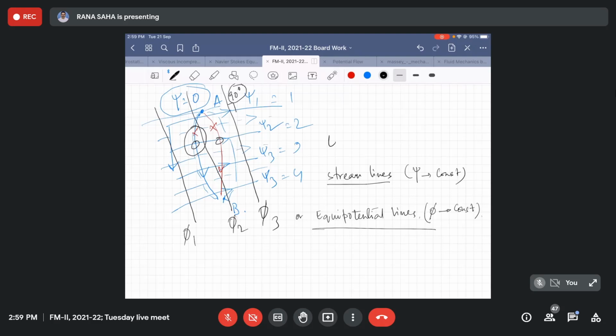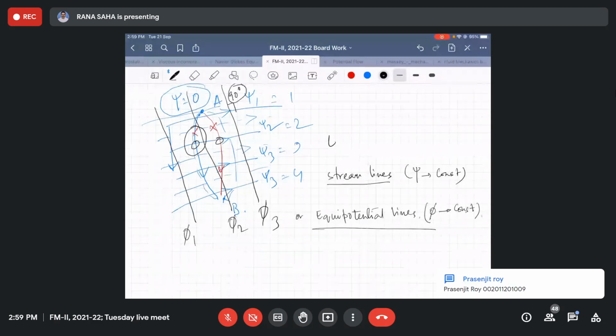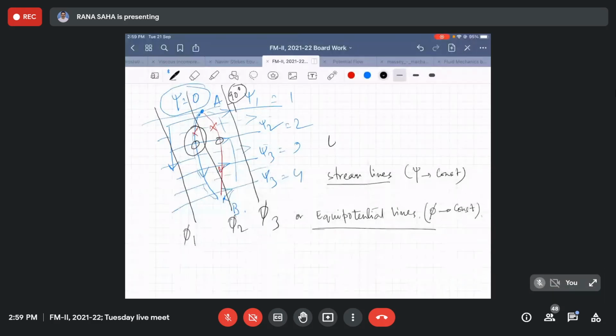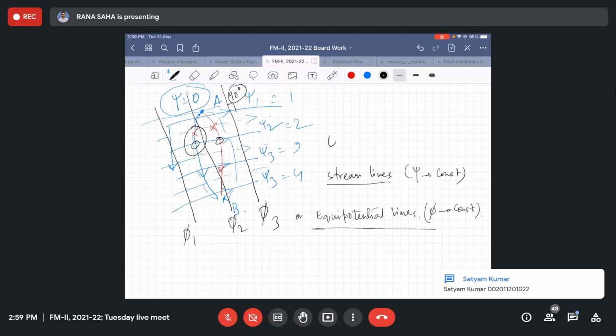Right, but velocity potential will exist only for irrotational flow. Why? Because you see, the very introduction or definition of velocity potential lies in the fact that you have to satisfy the irrotationality condition. So that means it should be irrotational flow.